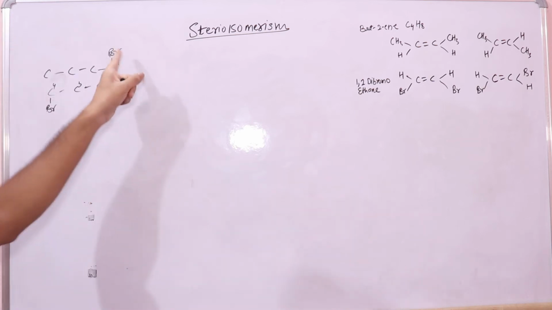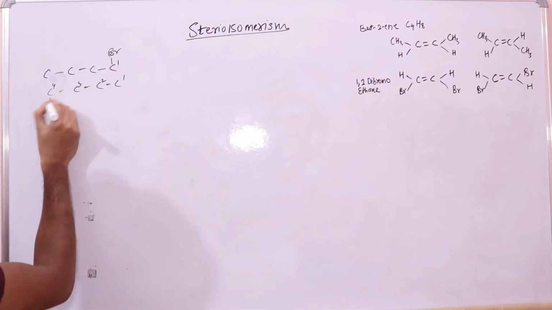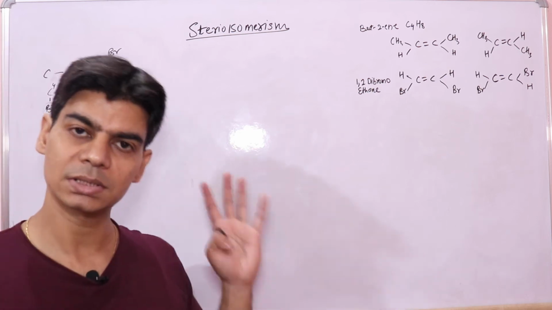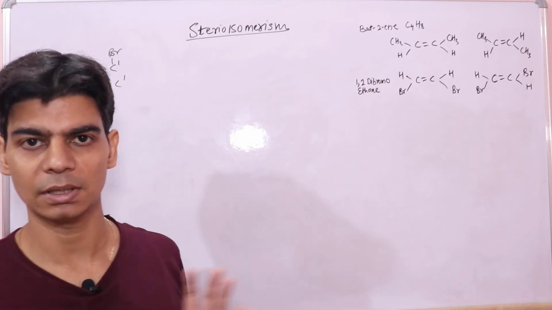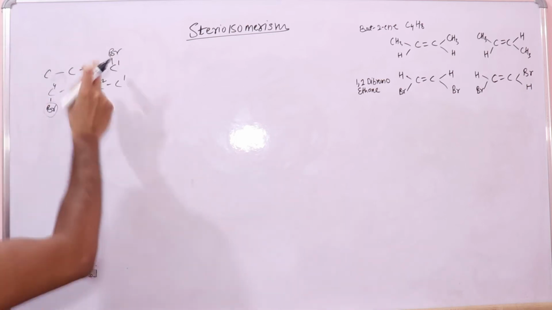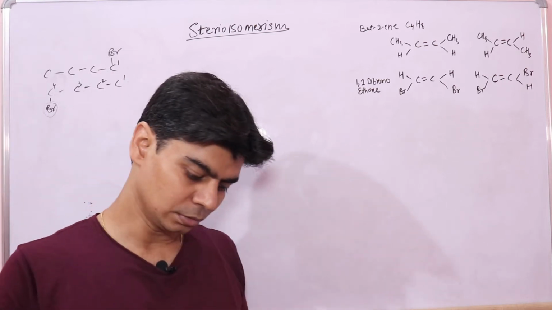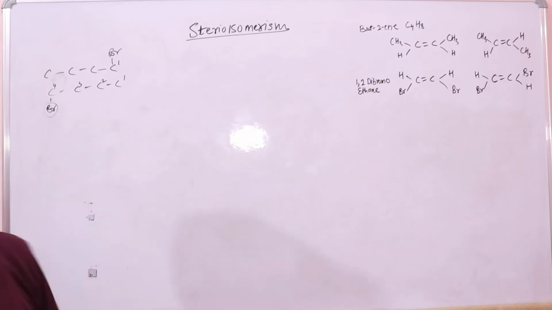Here the bromine atom was connected to carbon number 1, here the bromine atom was connected to carbon number 4. So this is a different chemical structure. These two are structural isomers, which differ in the position of the bromine atom. Now in this video lecture we would be looking at stereoisomerism.